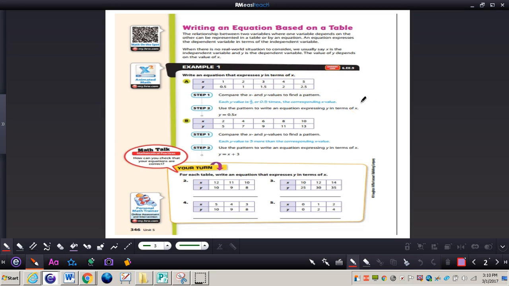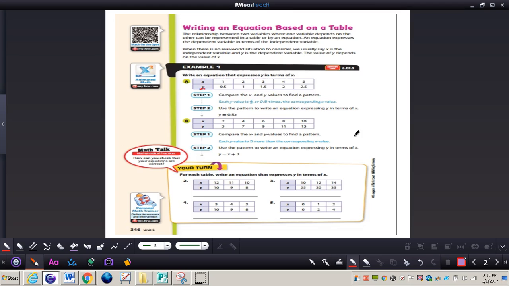And then use the pattern to write an equation expressing y in terms of x. So in other words, y, which is the dependent variable, equals 0.5 or 5/10 times x, which is the independent variable. Okay, so y equals 0.5 times x.